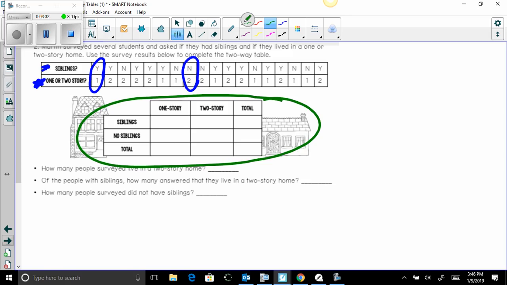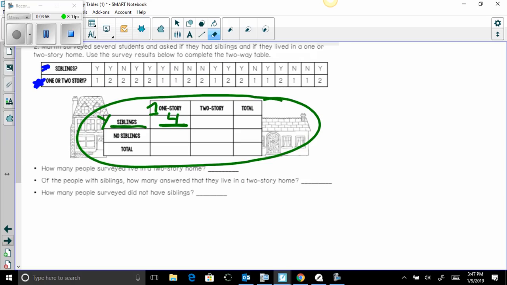How many people had siblings and lived in a one-story home? So I'm looking for a yes and a 1. How many of those do you see? I see 1, 2, 3, 4. So 4 people had a sibling and lived in a one-story home.